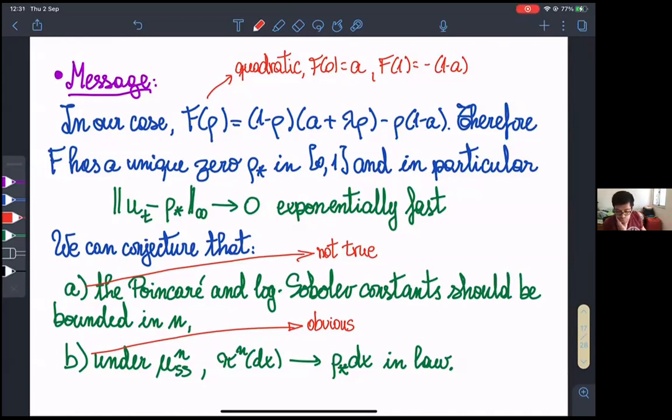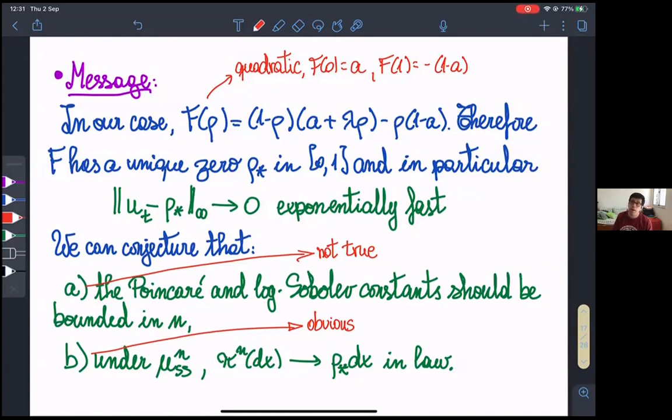It's (1 minus rho) a plus lambda rho minus rho (1 minus a), and you can check that f of 0 is a, and f of 1 is minus (1 minus a). So if a is strictly between 0 and 1, which was one of the hypotheses we made on this constant a, then the function f has a zero on the open interval 0, 1. And it's only one because it's quadratic.